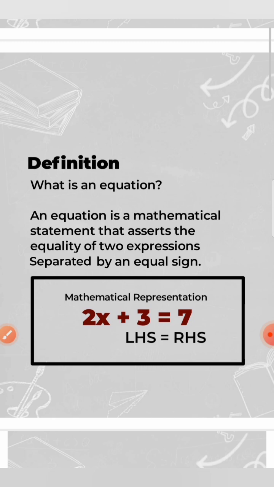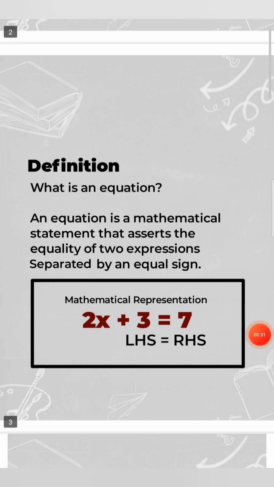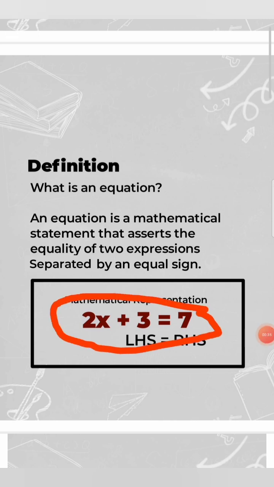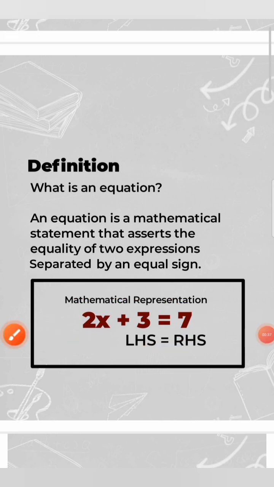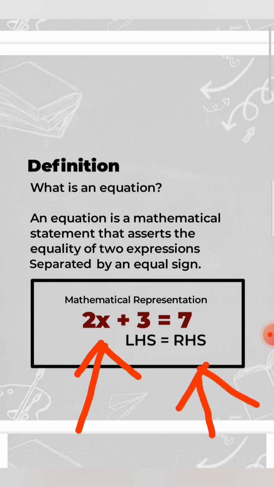Now we have an example here. Here is the example: 2x plus 3 equals 7. So we have 2x plus 3 at the left hand side, and we have 7 at the right hand side.